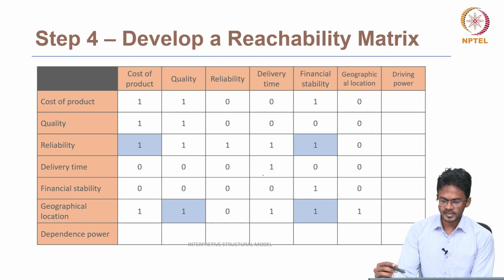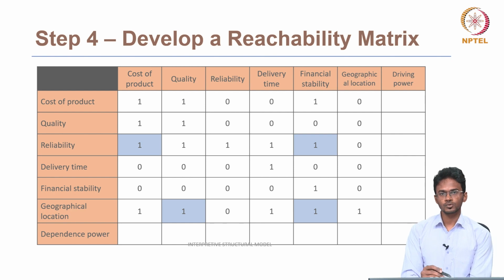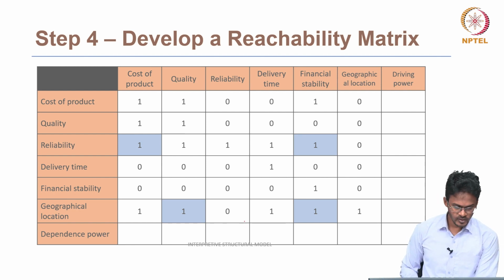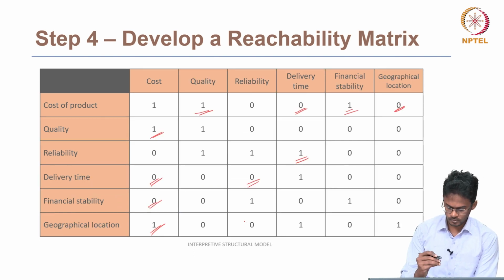So, this is the reachability matrix after considering the transitivity rule. As we said, the transitivity rule means if A is influencing B, and B is influencing C, then A influences C. So, we can see here the relationship between reliability and cost of product.